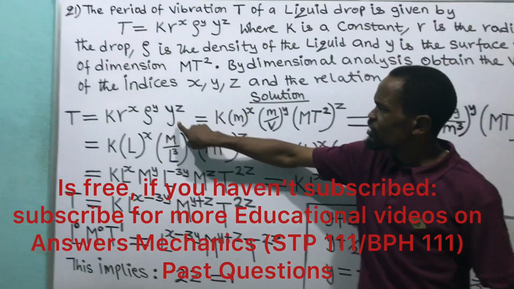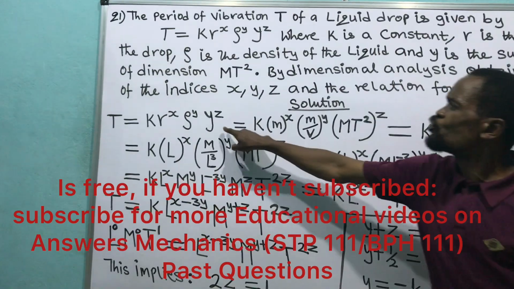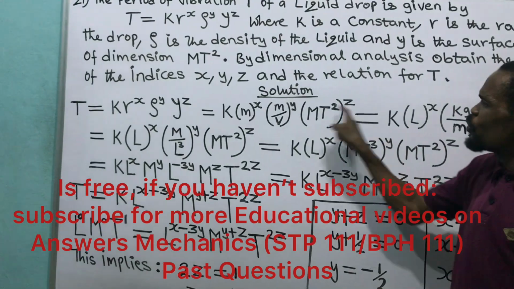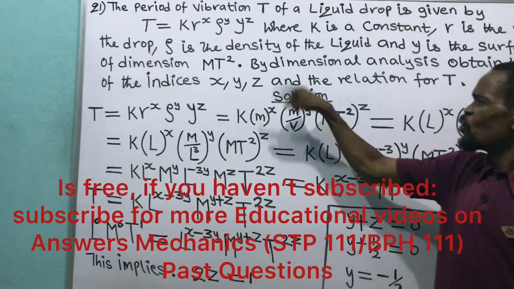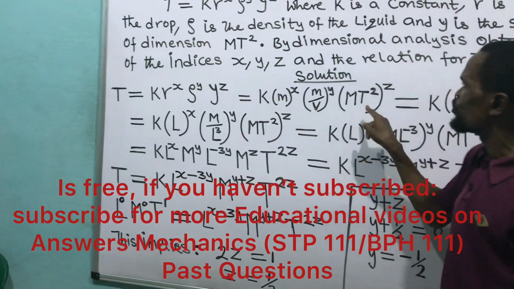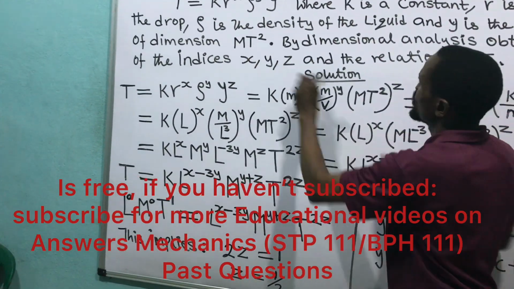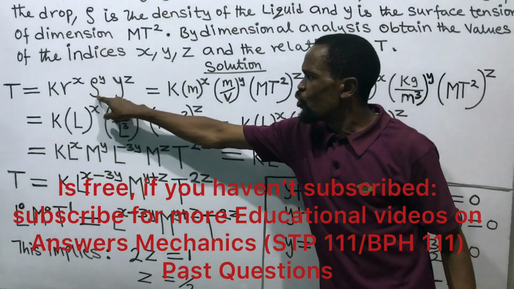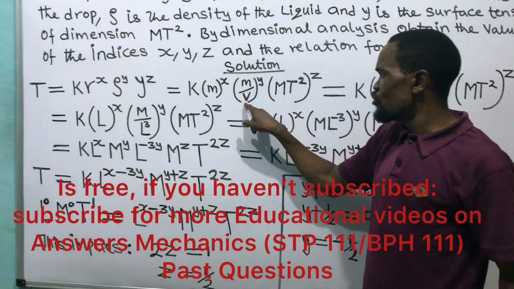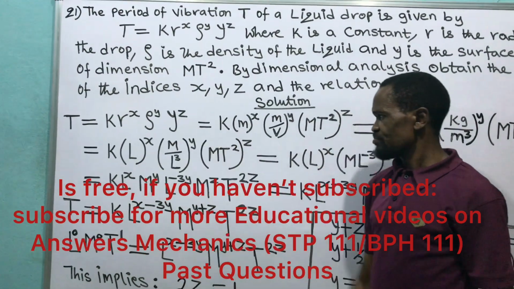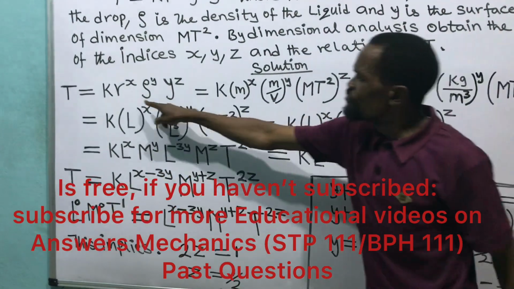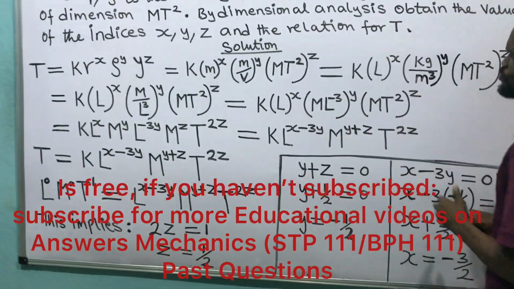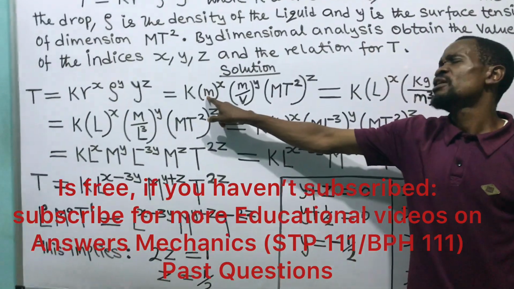I have to remove the surface tension, which is Y, and put its dimension, which is capital MT squared, and all will be raised to power Z. Just like the density, I have removed it and put mass over volume, all raised to power Y. And I have removed R and put meter, which is the unit, all raised to power X. Then equals to, what's the dimension of meter?